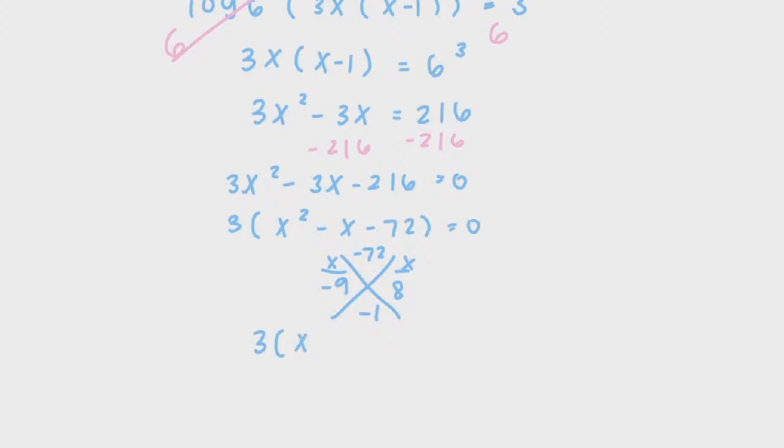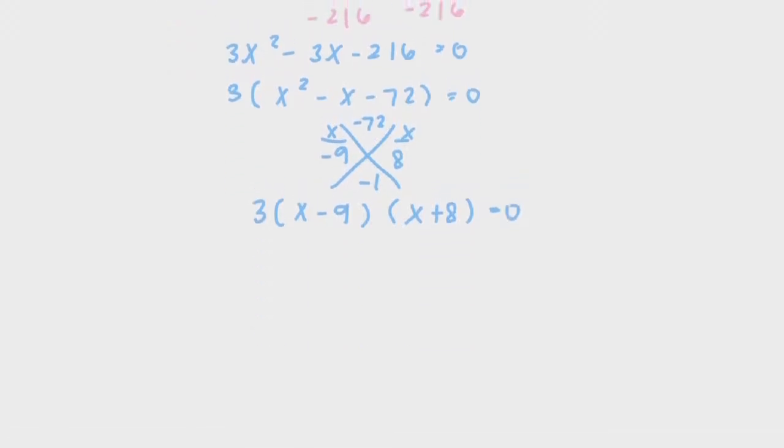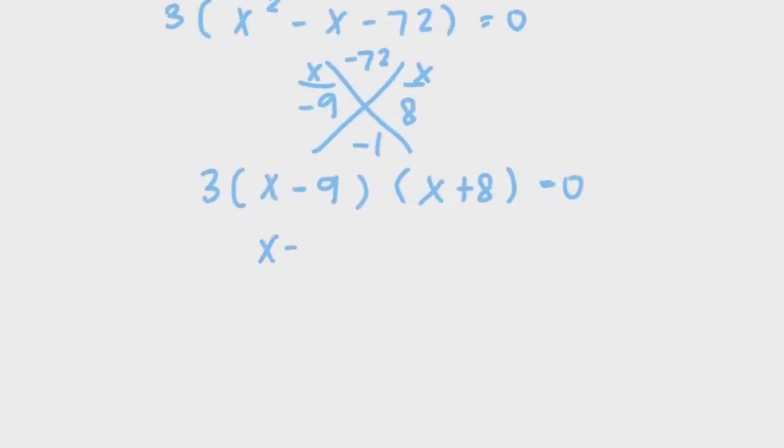So this is 3 times (x minus 9) times (x plus 8) equals 0. We're going to set each one equal to 0 and solve. So we get x equals 9 and negative 8.